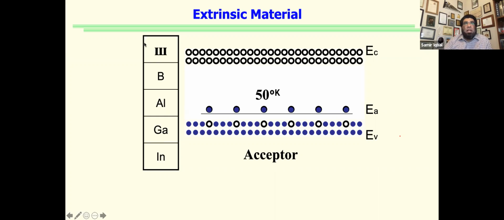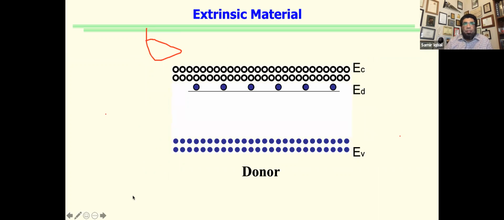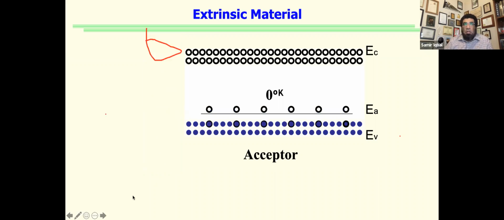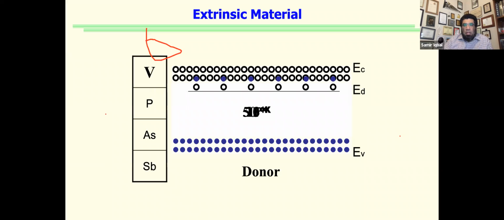Oh, that was not vanadium. That was group 5. Sorry, I mistook that. So this is group 5. And on the previous slide, it was group 3. Sorry, group 5. Yeah, so this is group 5.